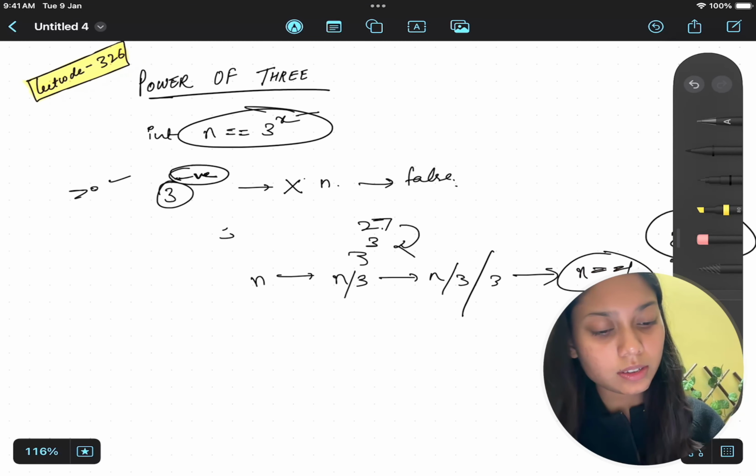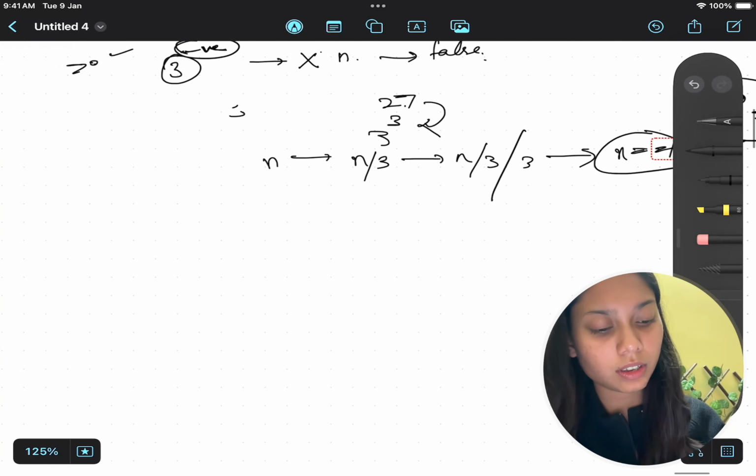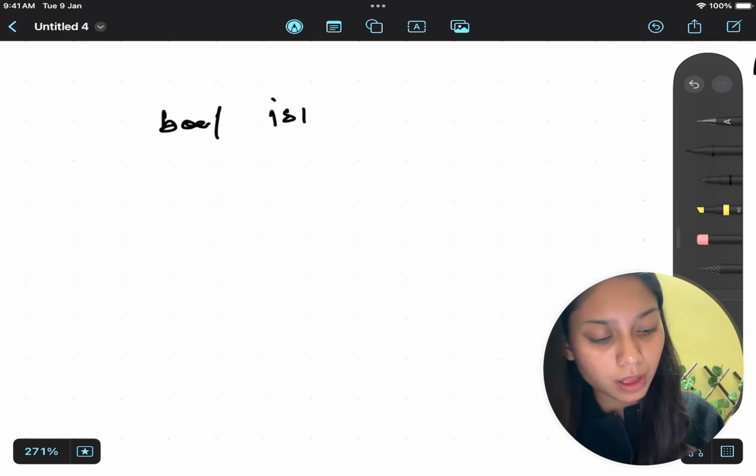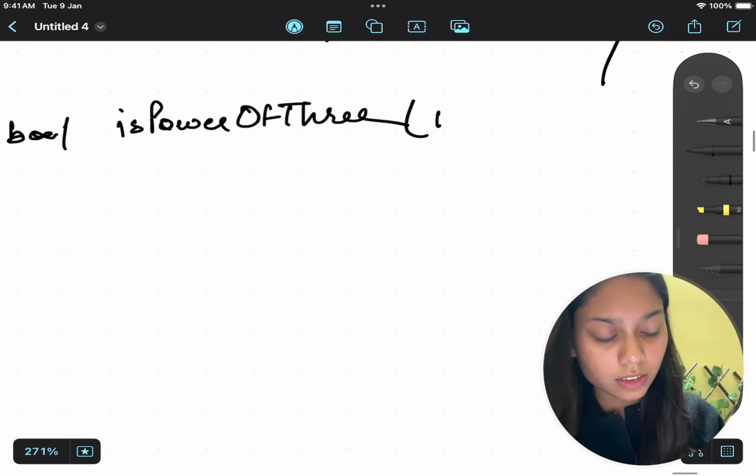So for this, our pseudocode is going to look something like this. We have our boolean function isPowerOf3 given integer n.